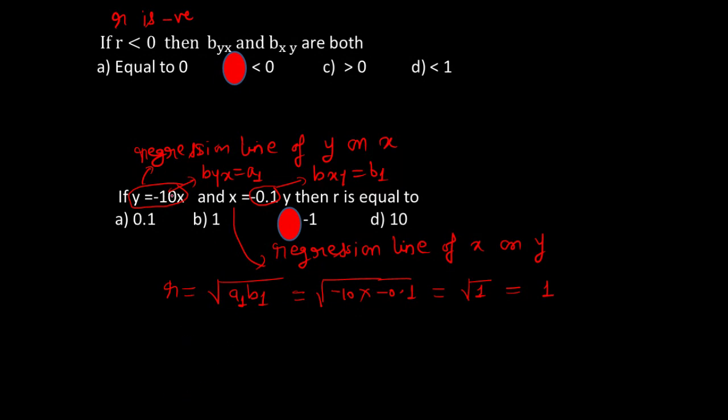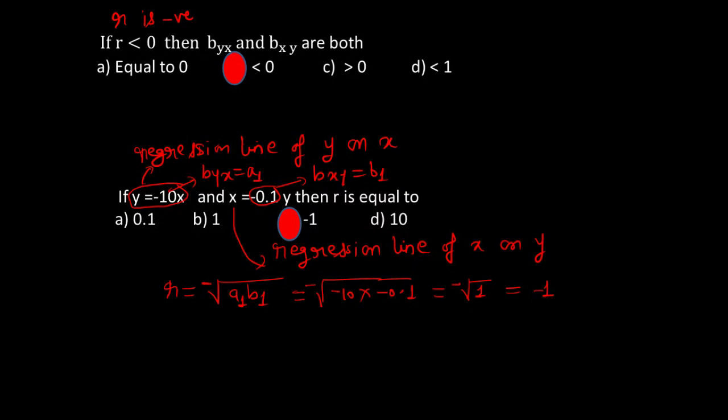As both are negative, we write a minus before the under root sign, because we know that the signs of a1, b1 and r must be the same. So we write minus of under root of a1 b1. Otherwise, you will always get it as positive. So the correct answer is r is equal to minus 1.